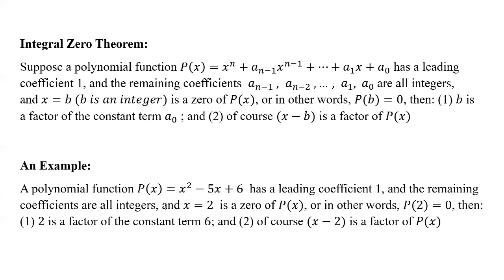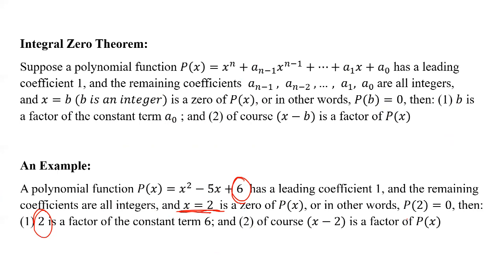And we also know that x equals 2 is a zero of P(x), or in other words, P(2) is 0. Then we know that the 2 here must be a factor of the constant term 6. And then, of course, x minus 2 is a factor of P(x).